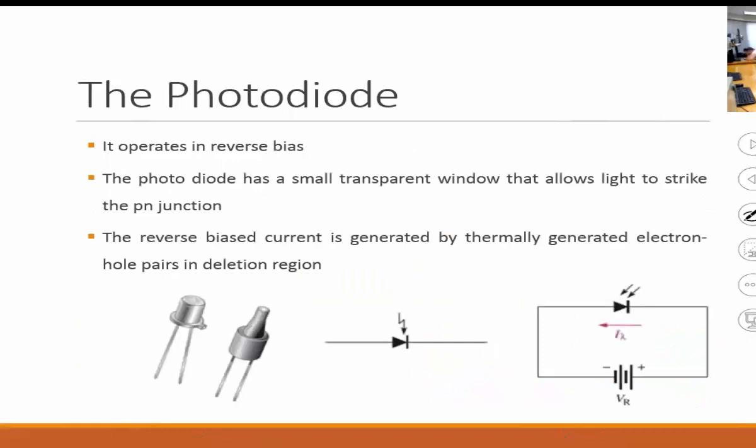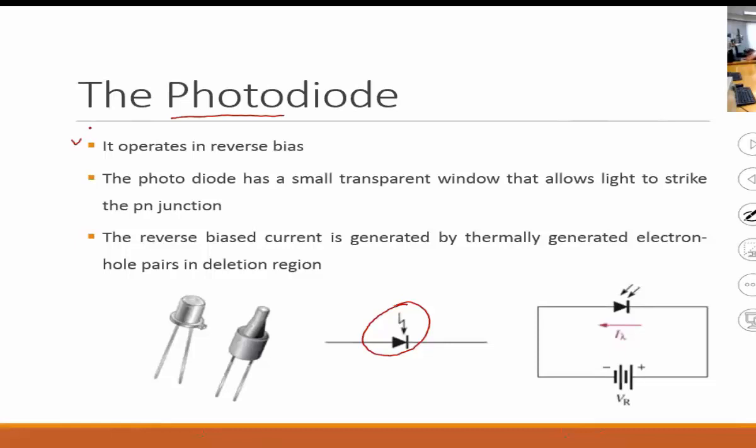Based on that, this is also an optical diode, but this one you can identify by its symbol. It works when light falls on the diode. This is like the solar cells. They won't emit light and they're not going to generate light, but when light falls on the diode, then the diode will conduct.